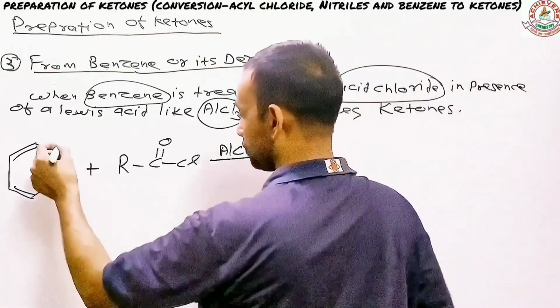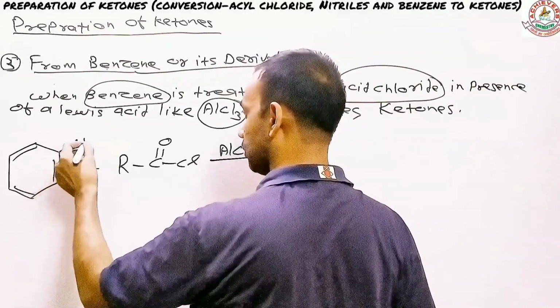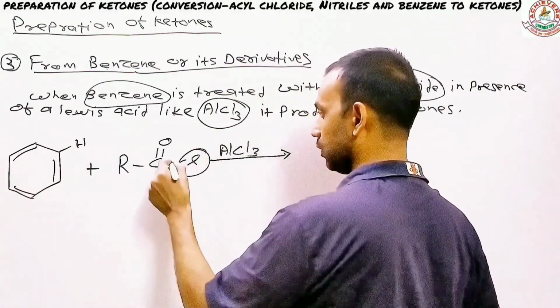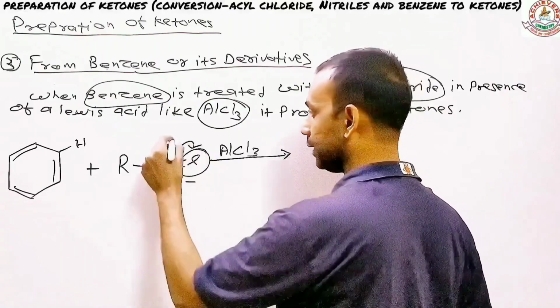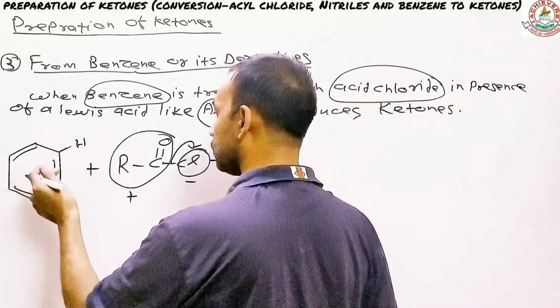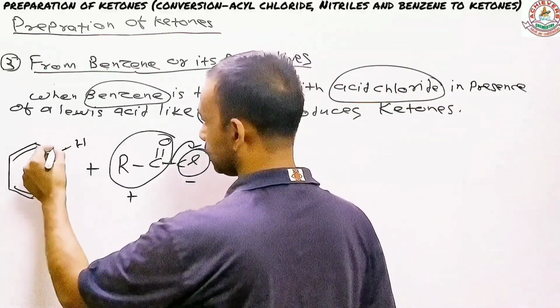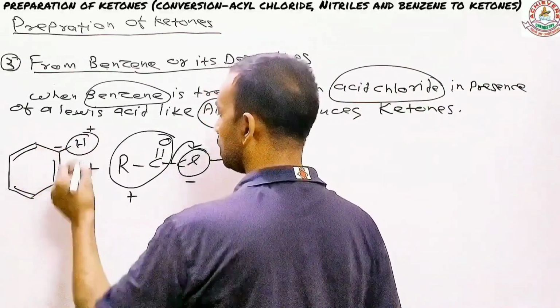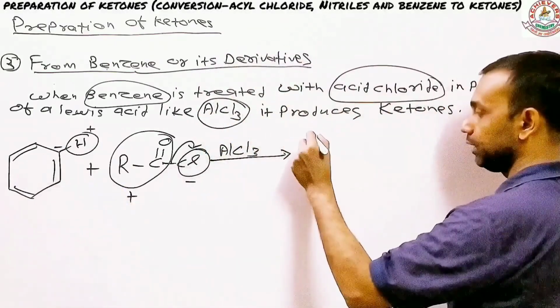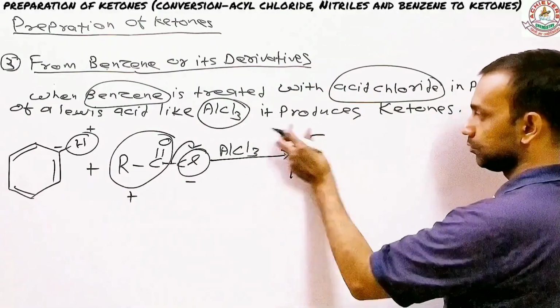So let's start here. We have hydrogen at all the places. Now when this bond undergoes cleavage, this is going to be negative and this will be positive here. Similarly, when this bond undergoes cleavage, this carbon is going to be negative and hydrogen is going to be positive here. So what we need to do is add the positive to the negative one and you will get your ketone.